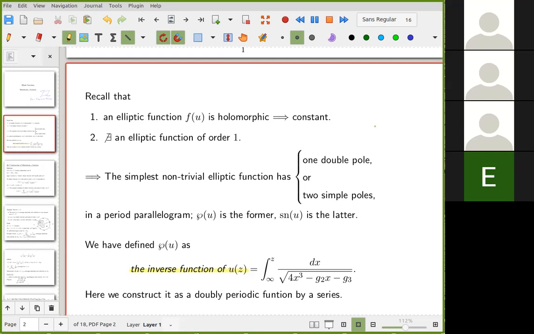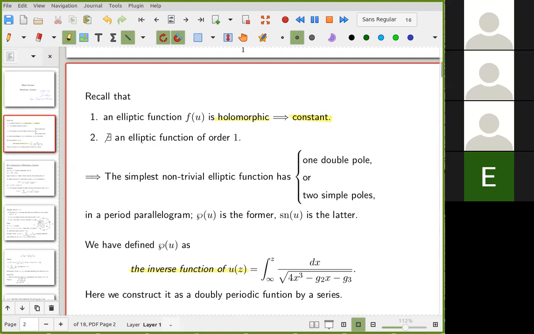Well, recall that if an elliptic function is holomorphic, then it's very trivial, just a constant. Of course, constant functions are elliptic functions, but no other entire elliptic function exists.